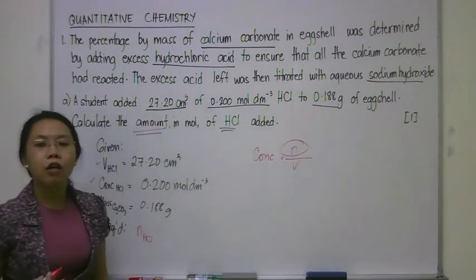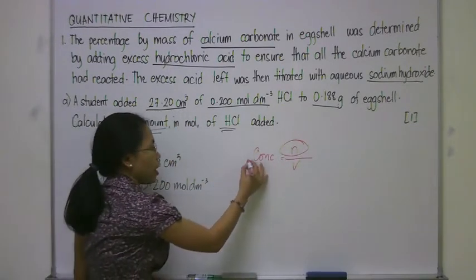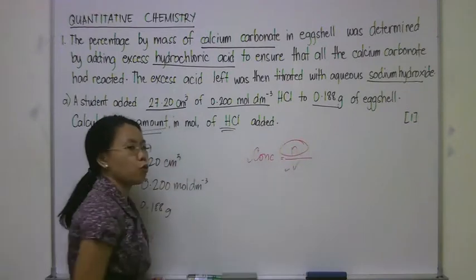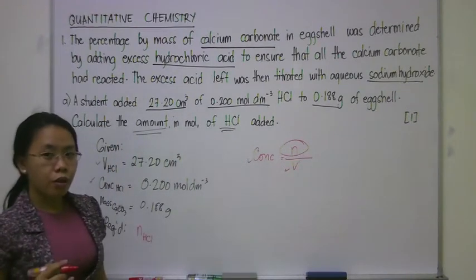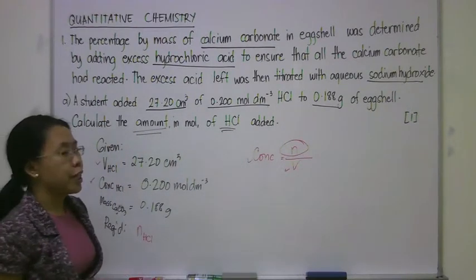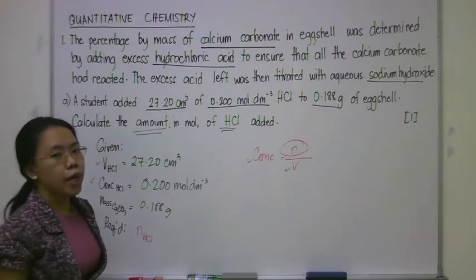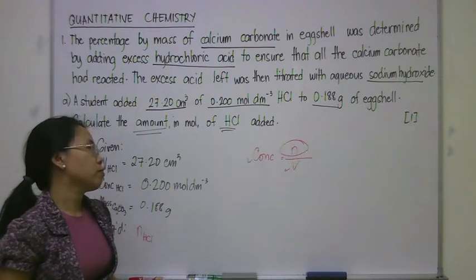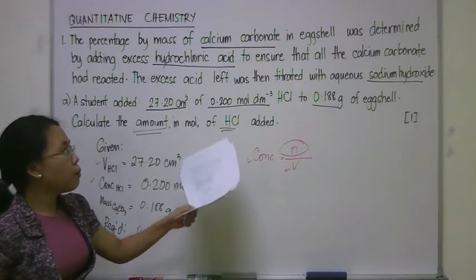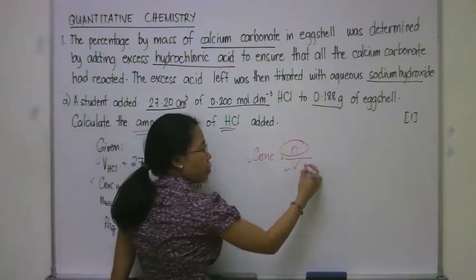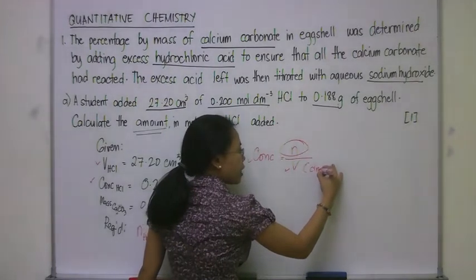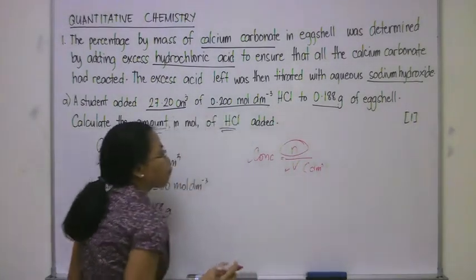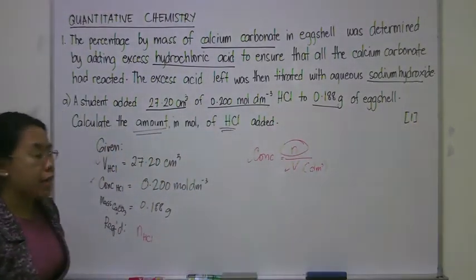By multiplying the concentration and the volume, you will be able to find the amount of HCl, or moles of HCl. But take note, the unit of volume here is dm cube.